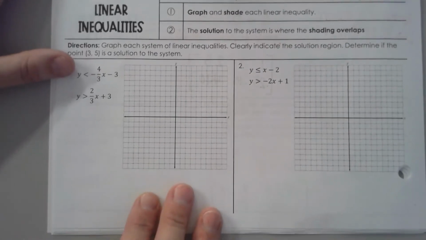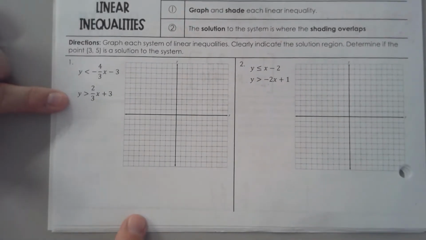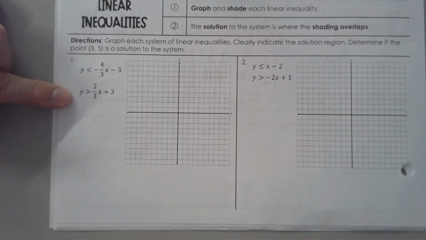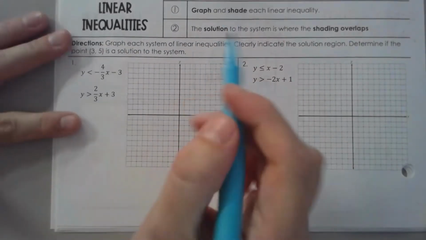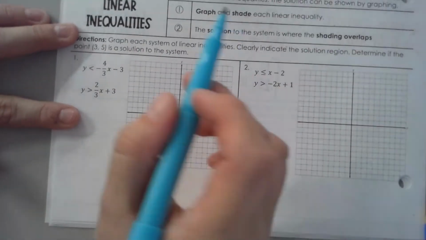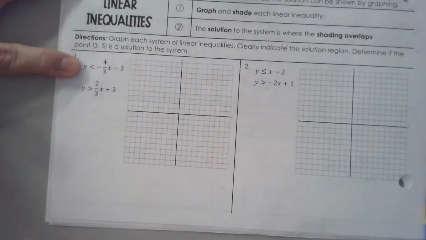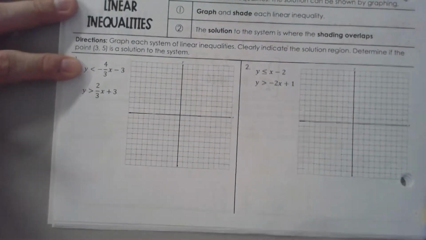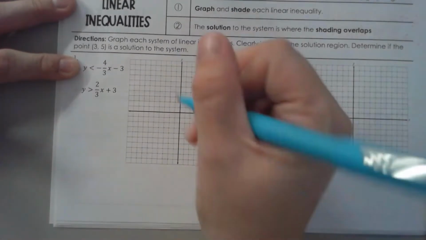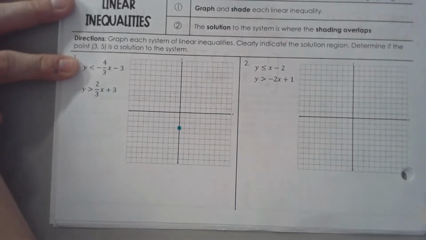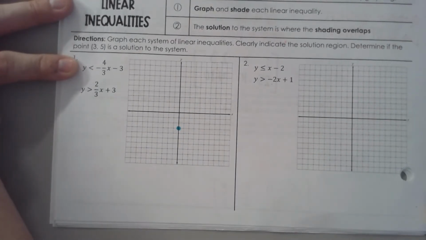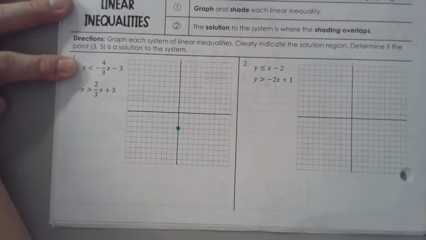So let's look at our first problem. Y is less than negative 4/3 x minus 3. So what is the y-intercept of this line? Negative 3. So go ahead and put your point on negative 3. And what is your slope?